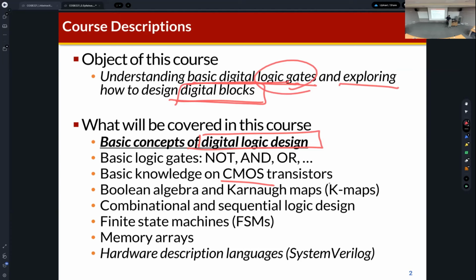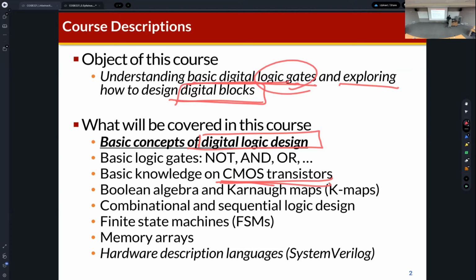Korea is very famous for the semiconductor industry, like memory technology. These digital designs are implemented using CMOS transistors. That is the fundamental device, or fundamental block, that can implement very complex digital systems.